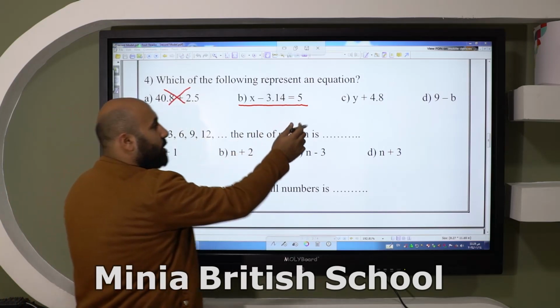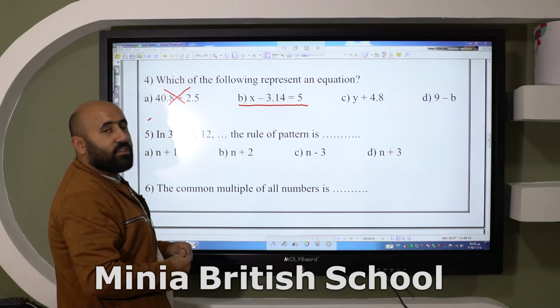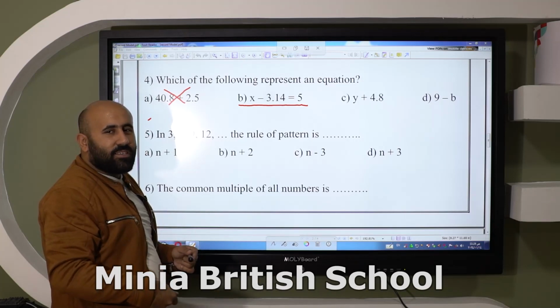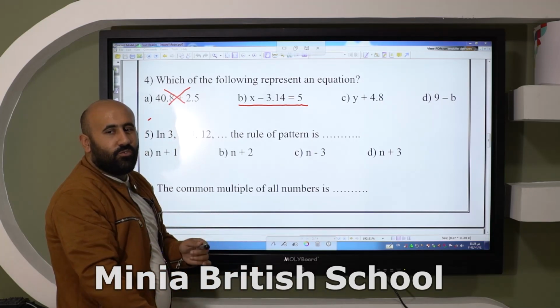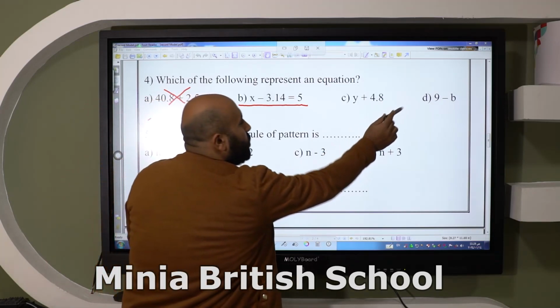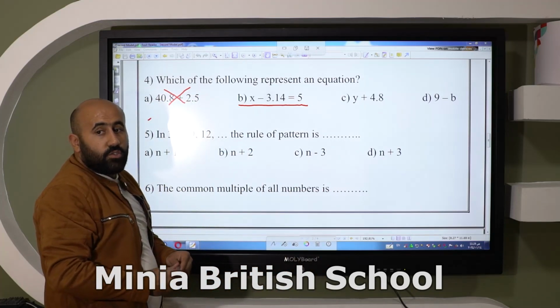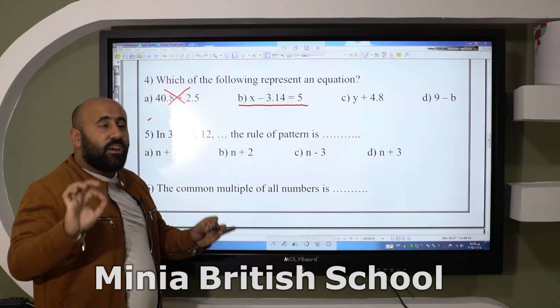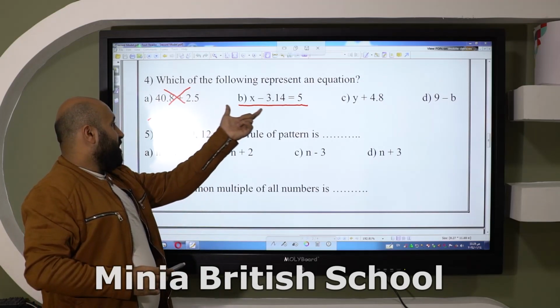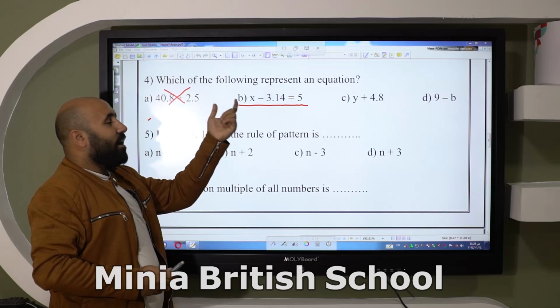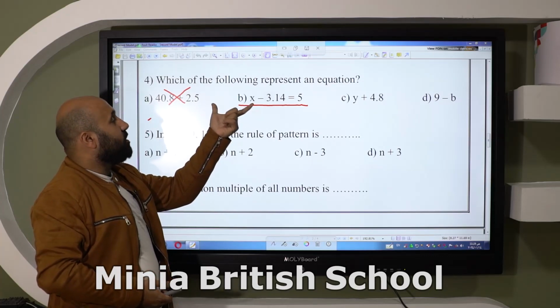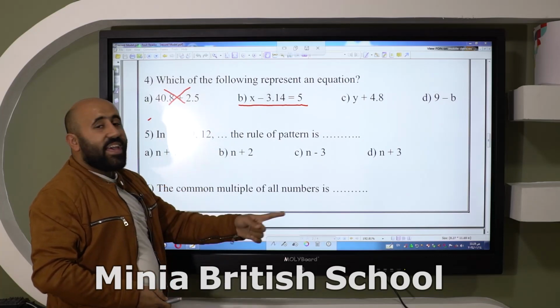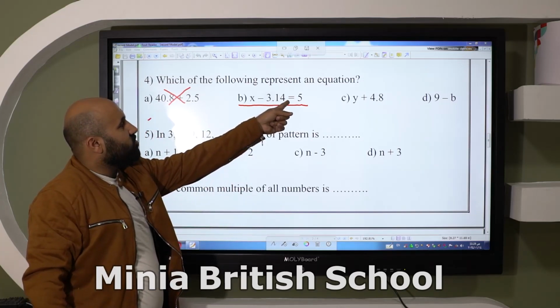And also y plus 4.8 is called an algebraic expression. It doesn't belong to grade 5. And the same way also 9 minus b. So if I want to choose an equation, I must look for a mathematical sentence that has an equal sign, just like this.